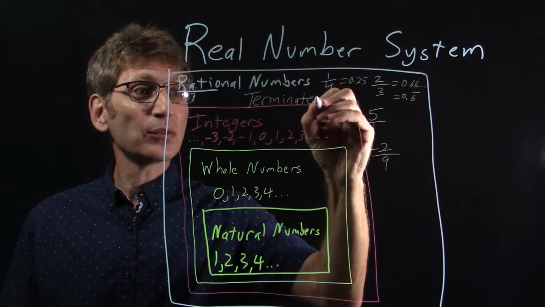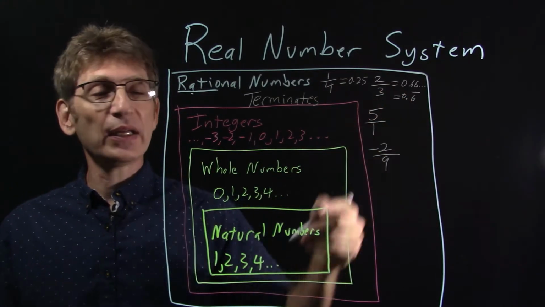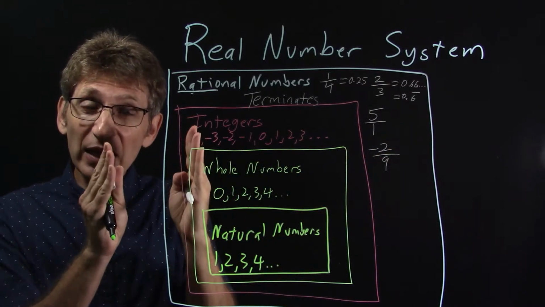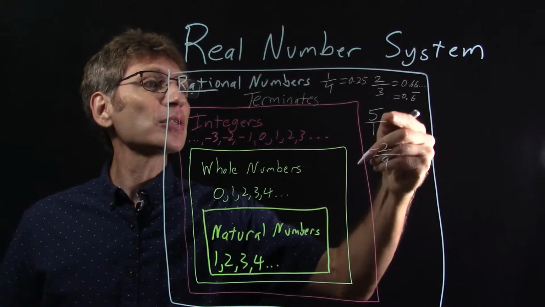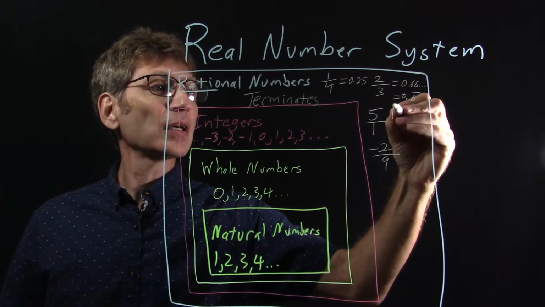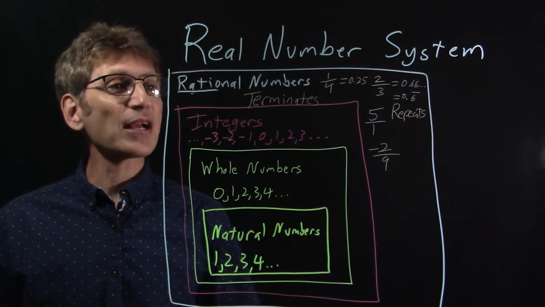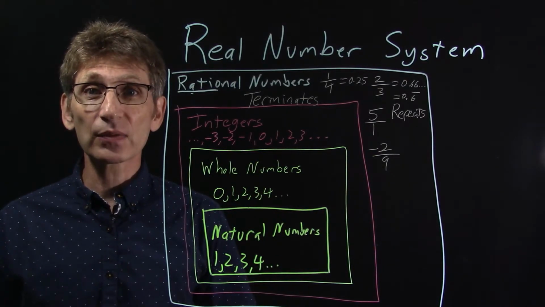It ends. 2/3, when we write it as a decimal, is 0.6 repeating, so we have a set of digits after that decimal that repeat. So a rational number, when written as a decimal, either terminates or repeats.